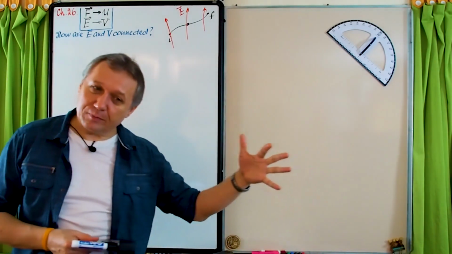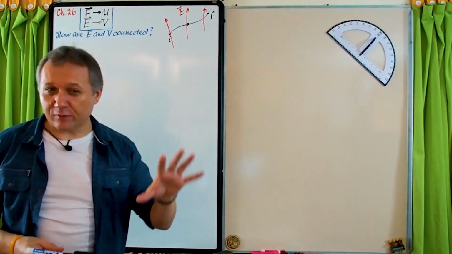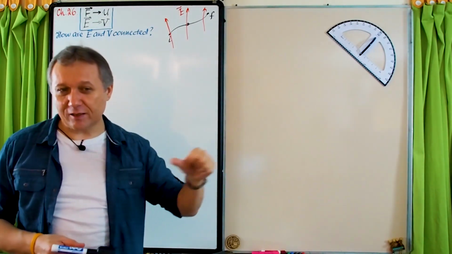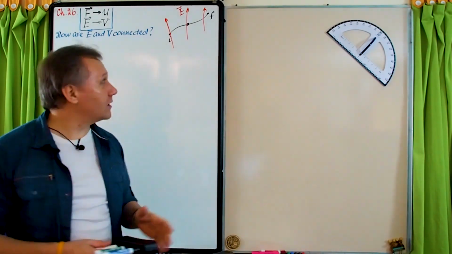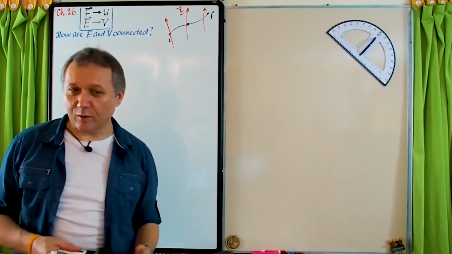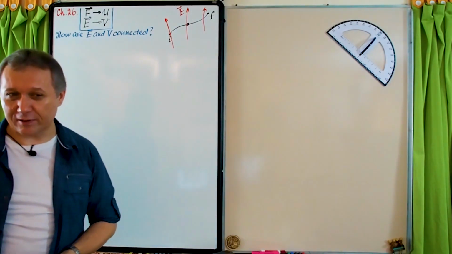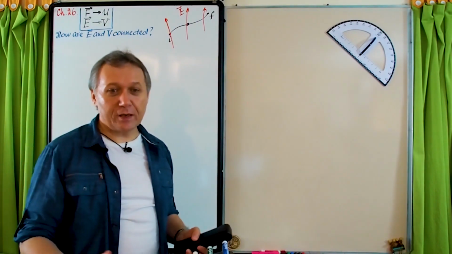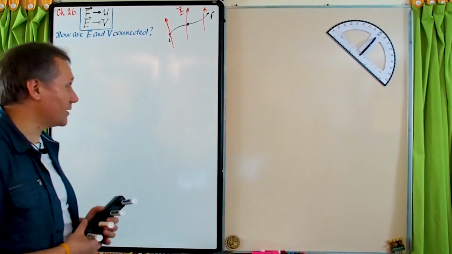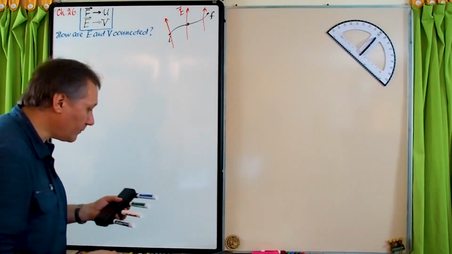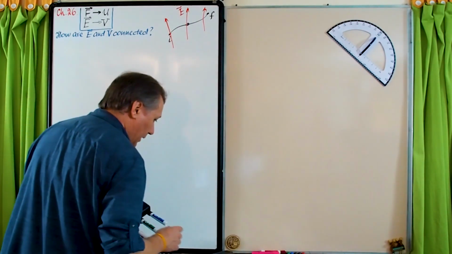Work was replaced with the change in the potential energy, and of course potential energy can be connected with the electric potential. And on the other side we had an integral of F dot ds, and of course electric force can be replaced with the electric field. Then the charge can be moved to the other side, and we eventually got this.